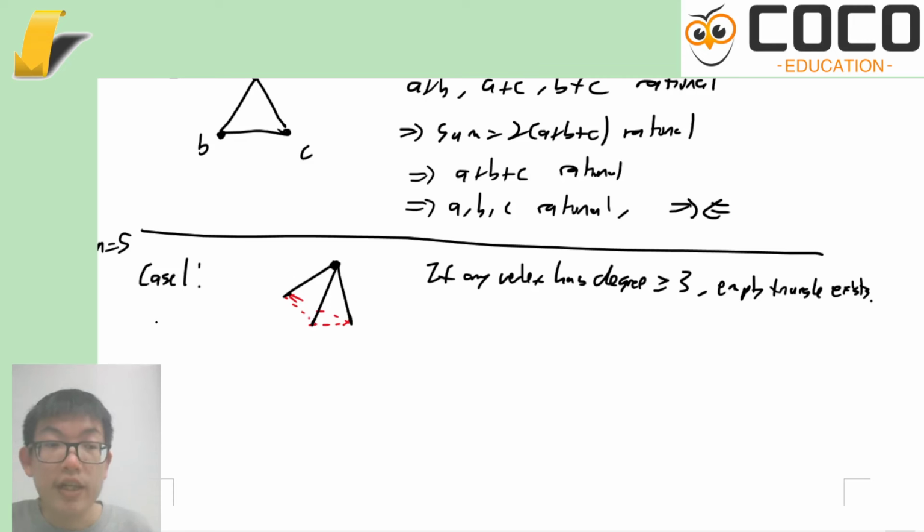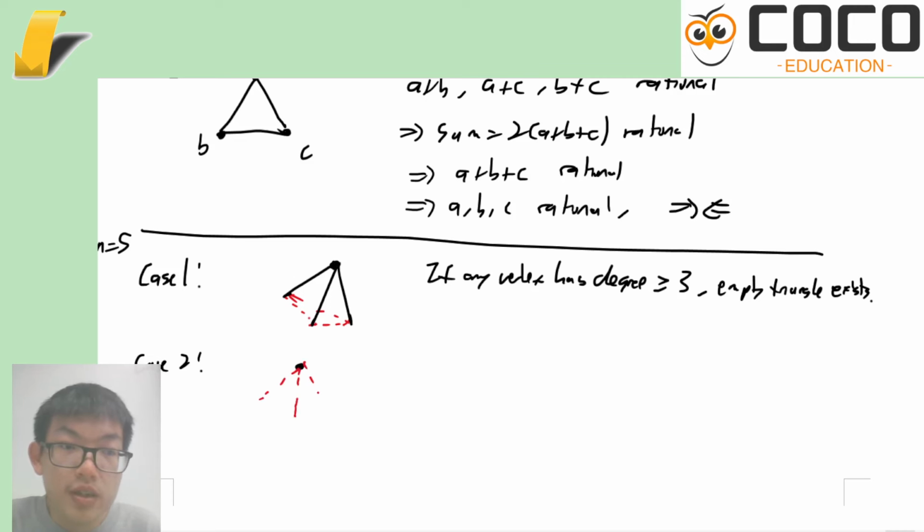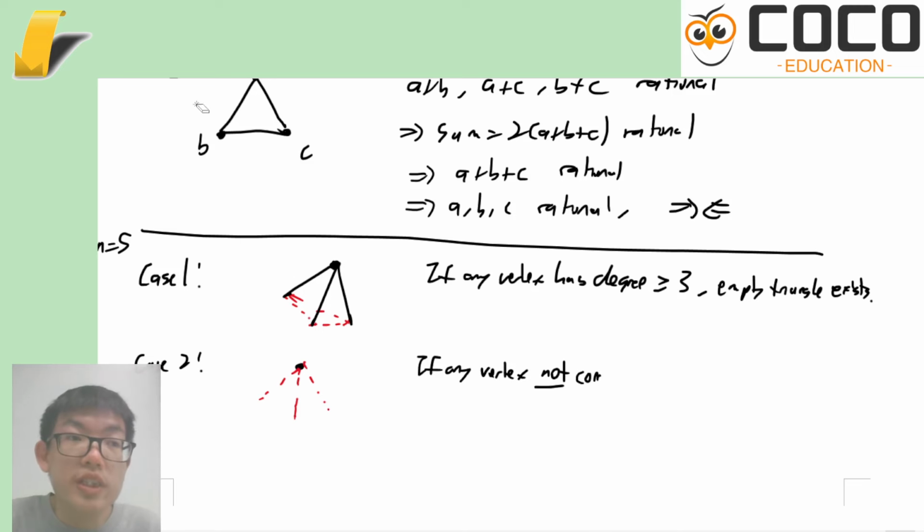Now let's say that I have, on the contrary, a vertex which is not connected to most things. So it's not connected to 3 things. Not connected to 3 things means degree is at most 1.